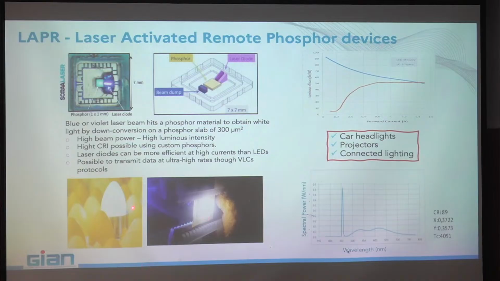And behind here, you have a 2 watt blue laser diode, and you can see how much light you get here. You have different options. This is something that we use more and more today in car headlights, and we also use it for connected light, because with lasers you can modulate the light and transmit information, like Wi-Fi.